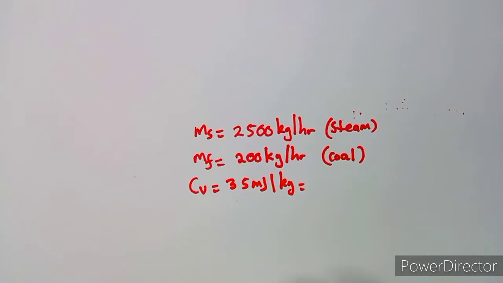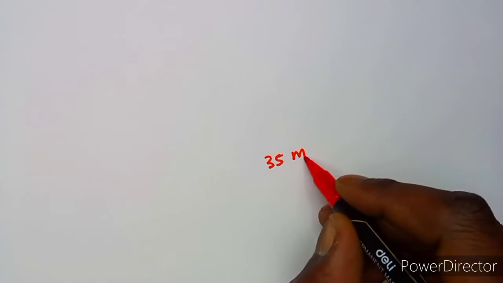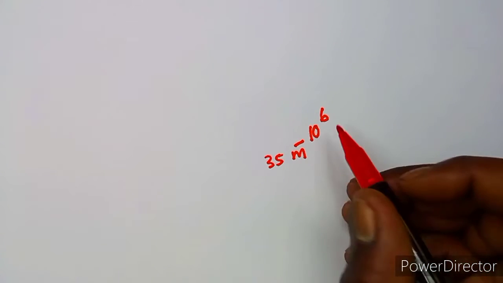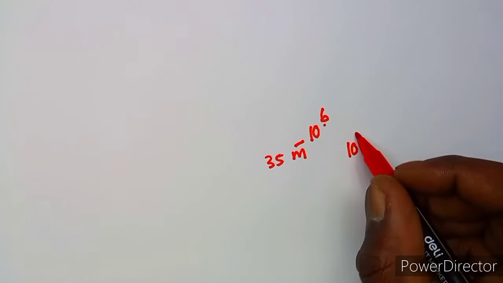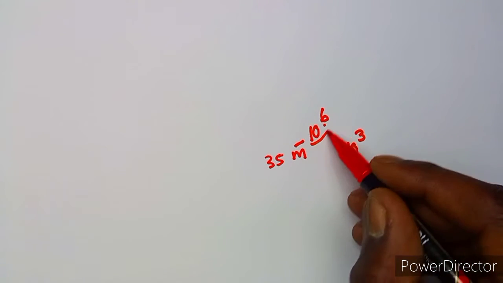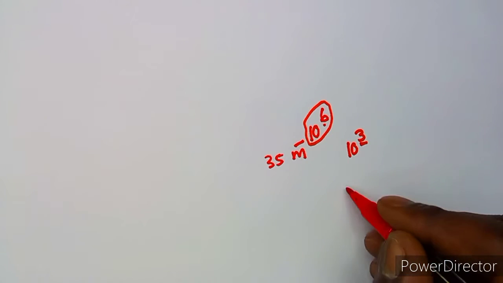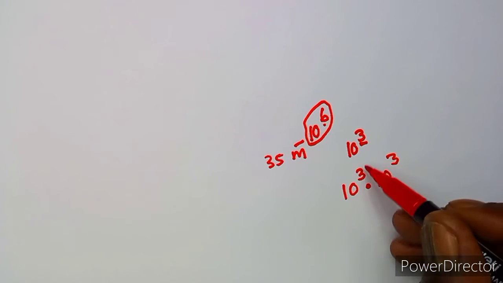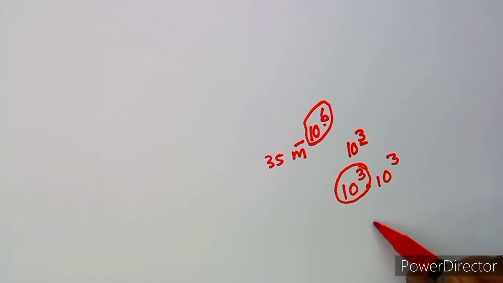Mega means 10 to the exponent of 6, and kilo is 10 to the exponent of 3, so you separate 10 to the 6 into 10 to the 3 times 10 to the 3, where one means kilo.